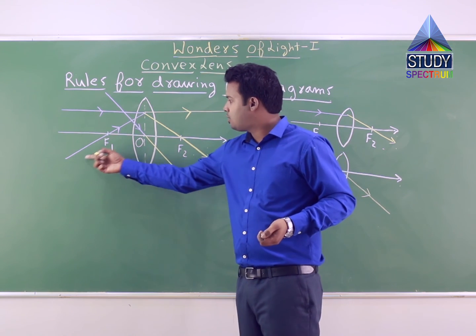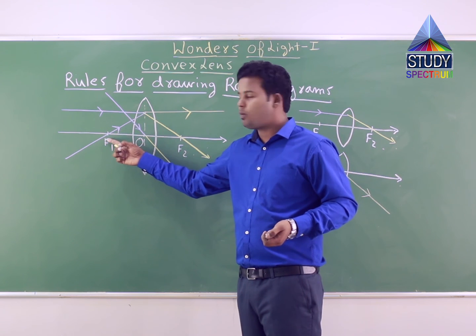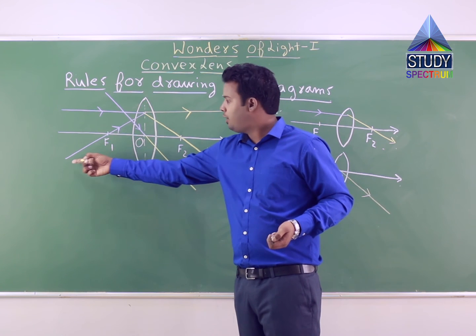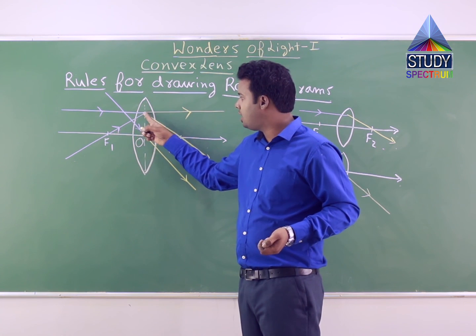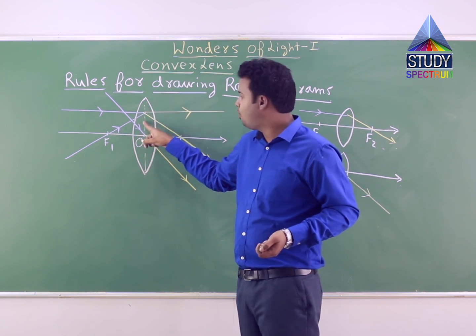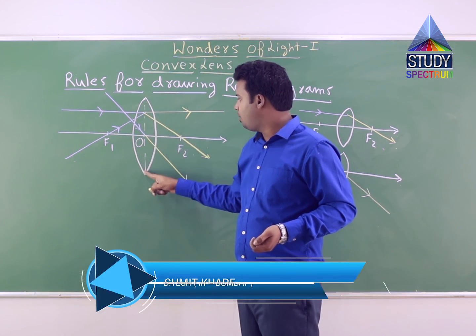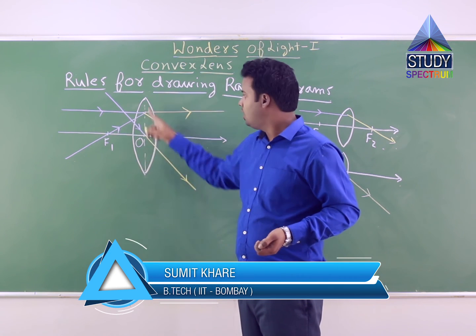If the incident ray, this blue line, is passing through focus point F1, you can see this blue line passing through focus point F1. If it passes through F1, then after refraction, it means the moment it is going to hit this line made by joining the corners of this convex lens.